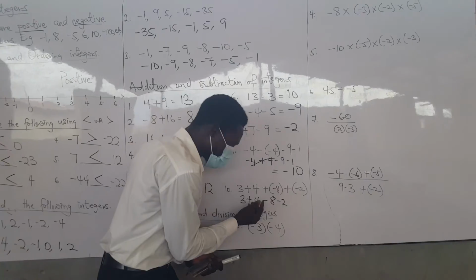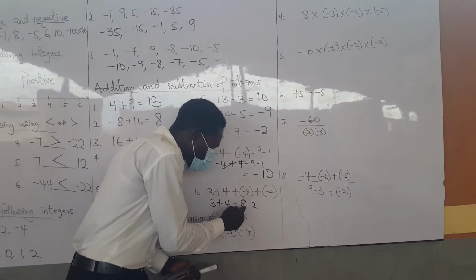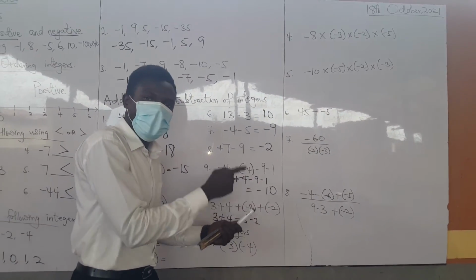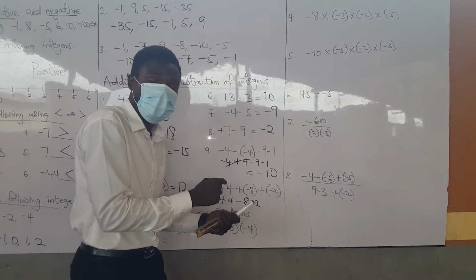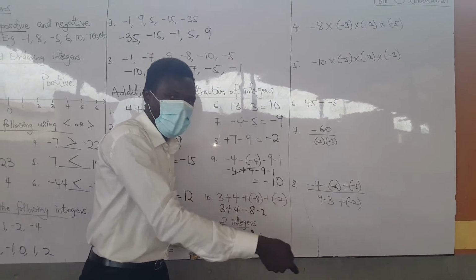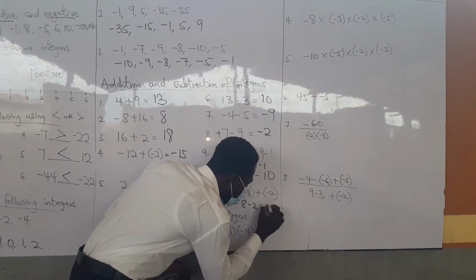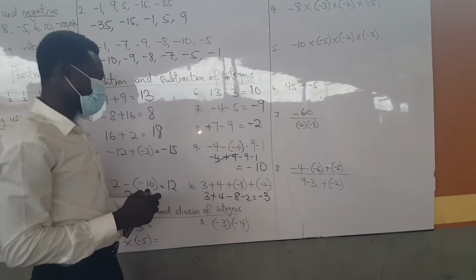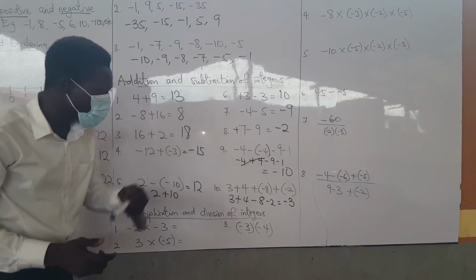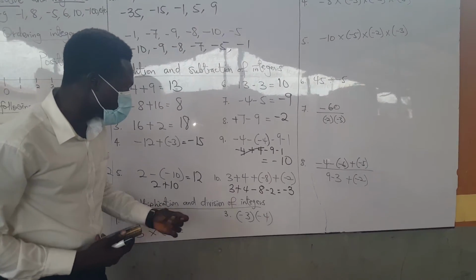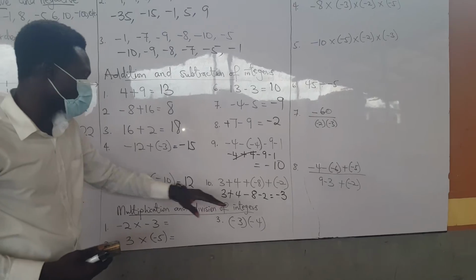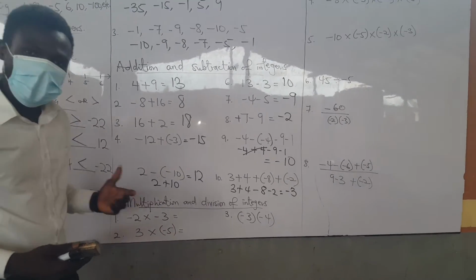So this plus this is 7. Minus 2 is going to give me what? Minus 8 is going to give me negative 1. Then minus another 2 is going to give me negative 3. Sorry for the mess. So that is the addition and subtraction of integers.